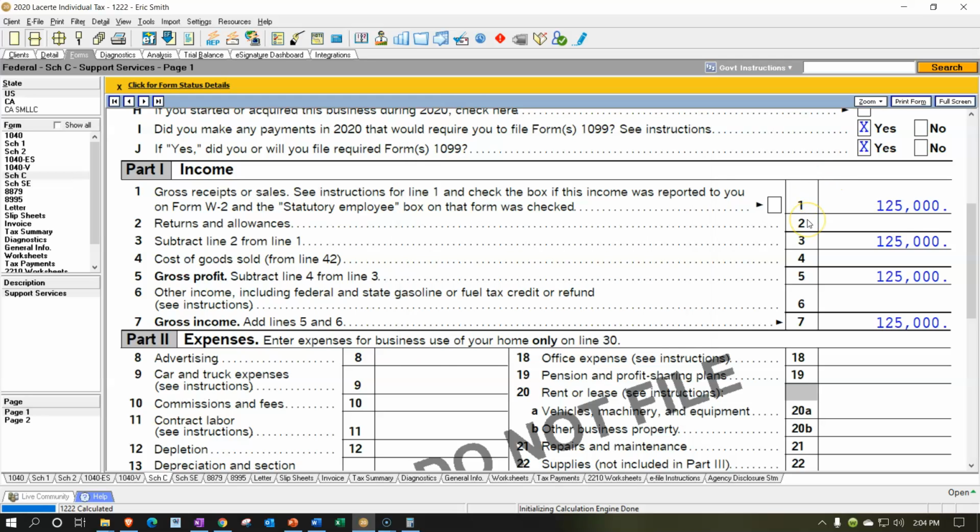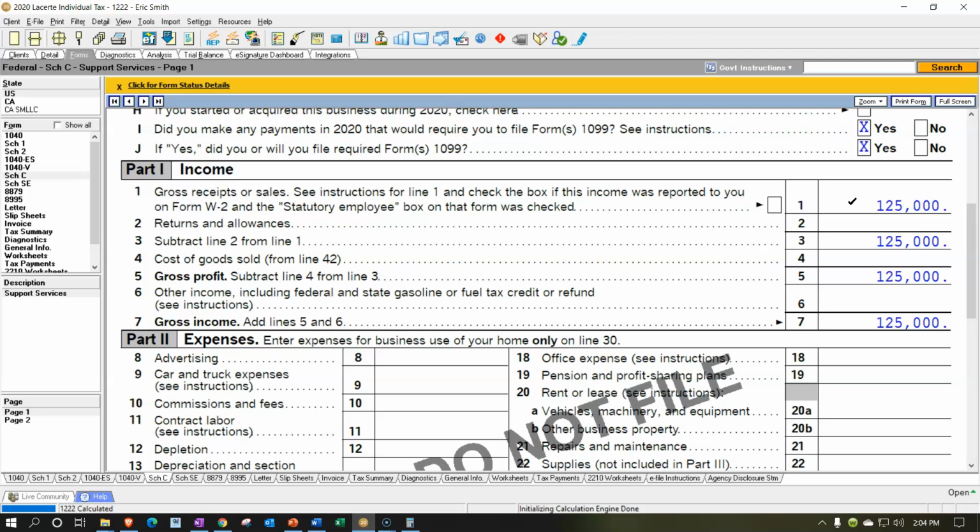Now, you might have a situation where someone is not using accounting software, and they included their sales tax in the gross receipts line item. They might do that on purpose sometimes, because you might have a situation where somebody is receiving 1099s from the person they made their sales to, and the person issuing the 1099 is including the full amount they had to pay, which would include the sales tax.